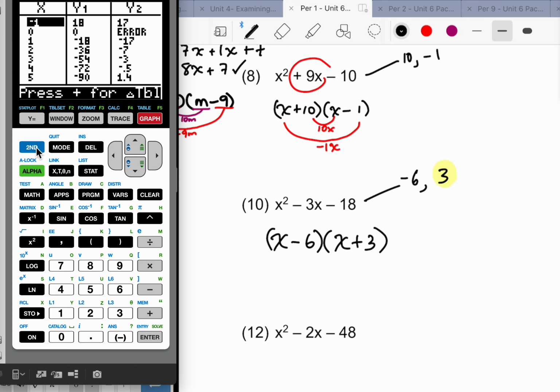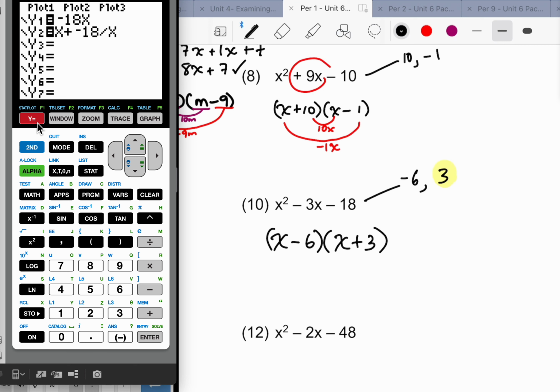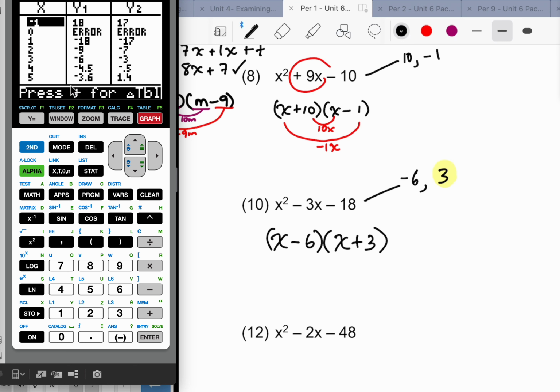Although I think I typed it in wrong. I was like, where did that 54 come from? Yeah, there it is, negative 3. So 3 and negative 6 would be my winning combination.